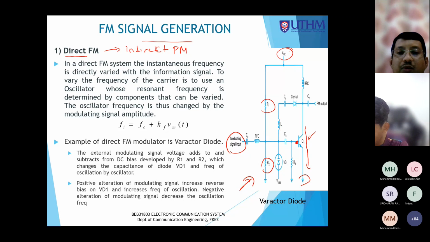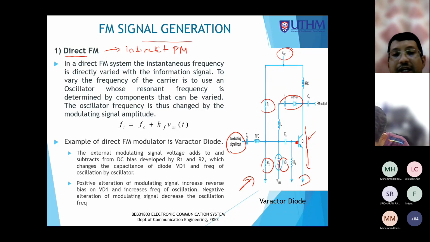Then it will also change the capacitance of VD1 and also the frequency of the crystal control oscillator.